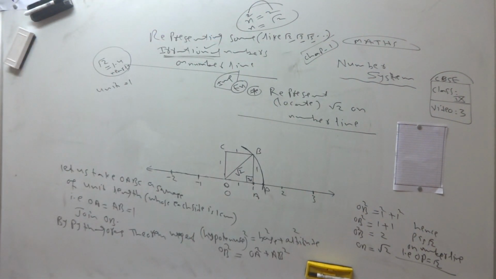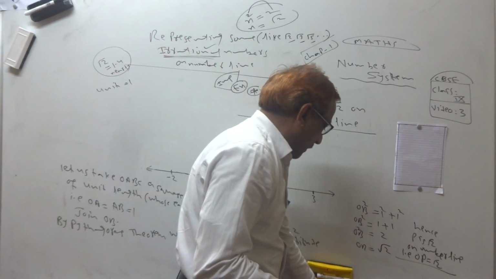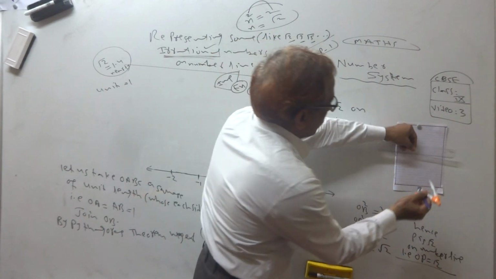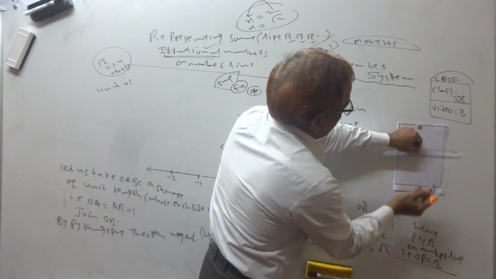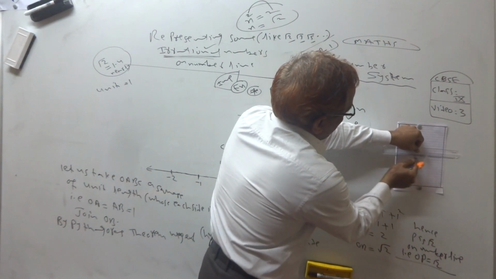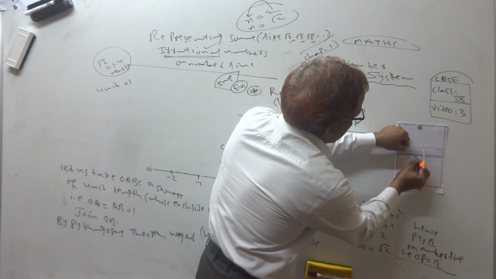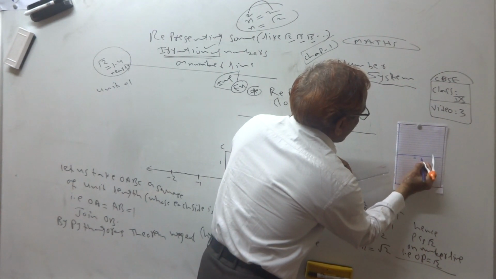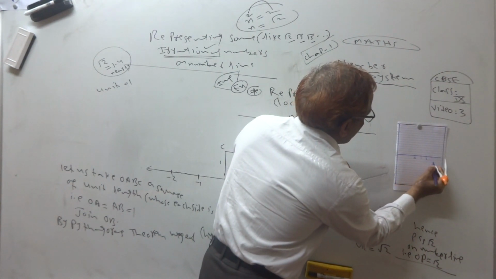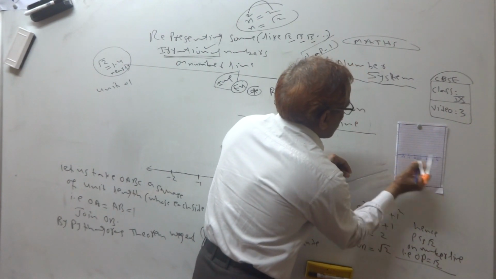Now I am using a small scale and a small compass. Please see, I am showing this also. We draw a number line and take 10 divisions: 0, 1, 2, 3, 4, -1, -2.